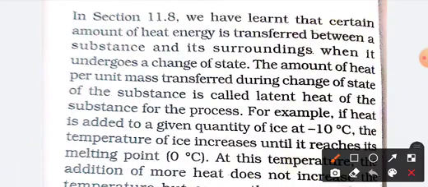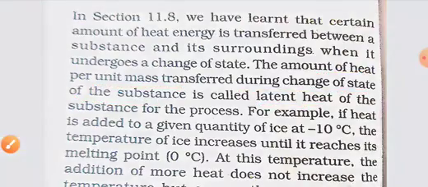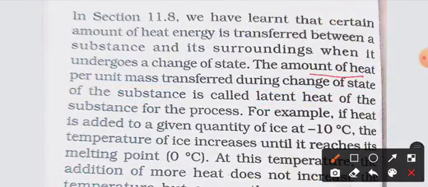So the amount of heat per unit mass transferred during the change of state of the substance is called the latent heat. Okay, the amount of heat per unit mass. That means for a unit mass, how much heat we are transferring for changing the state of that substance, is called the latent heat.